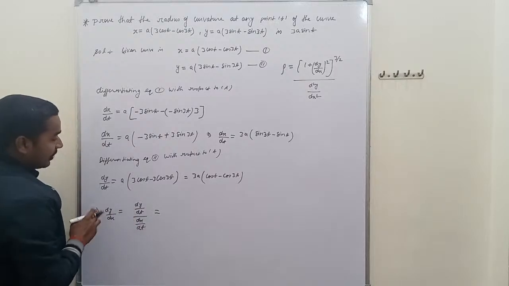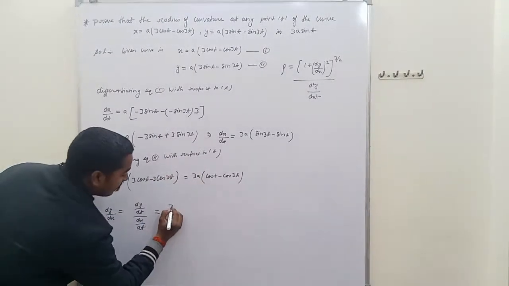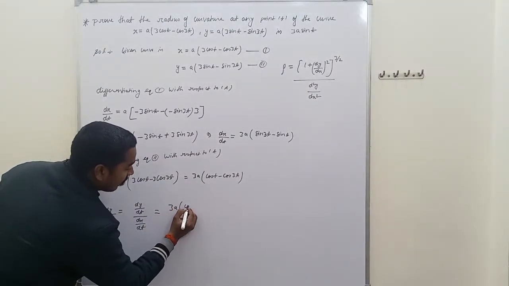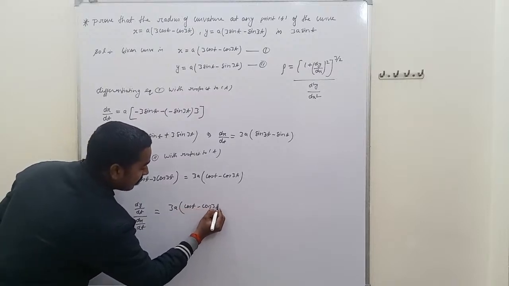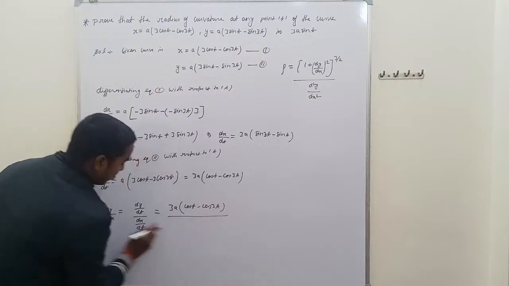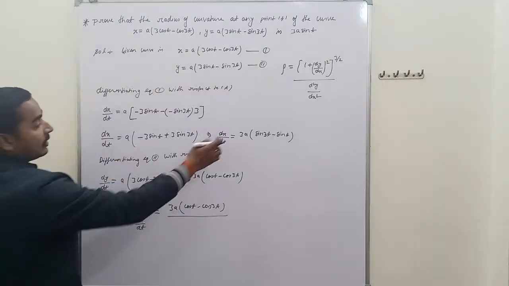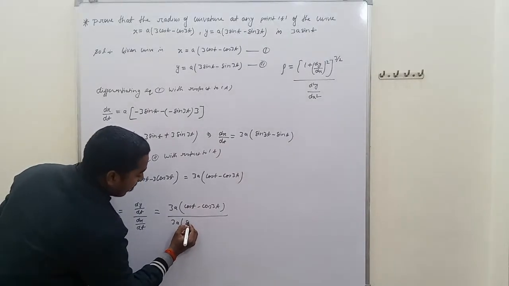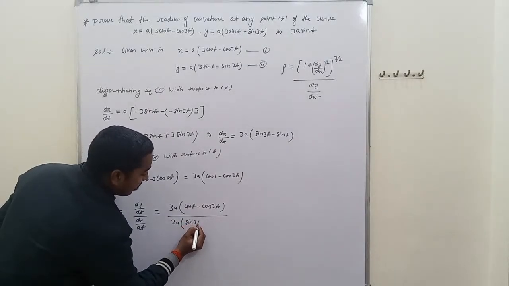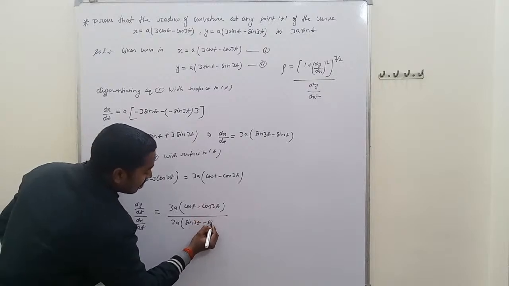dy/dt is given by 3a(cos t − cos 3t), and dx/dt is given by 3a(sin 3t − sin t).